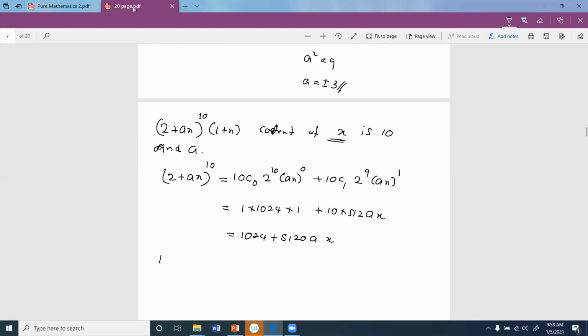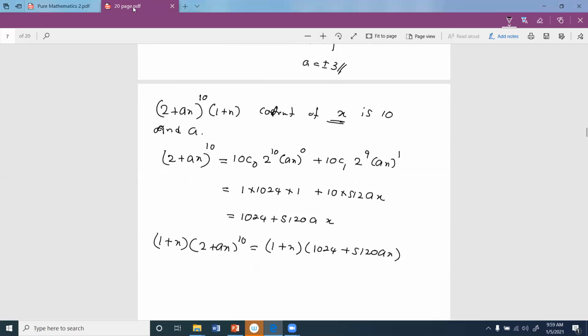Now (1 + x) multiplies with this, because we need the expansion of the whole expression. The coefficient of x is 10. So you can write this is (2 + ax) to the power 10, right? So this turns up to (1 + x) times this bit, 1024 plus 5120ax, right?